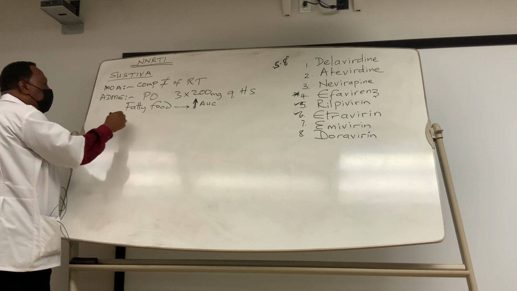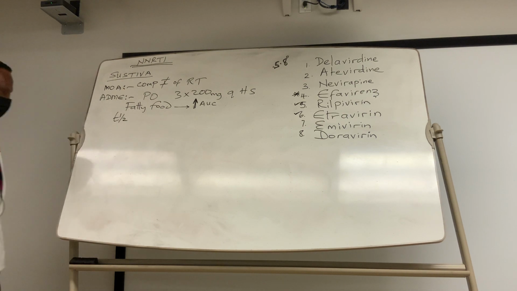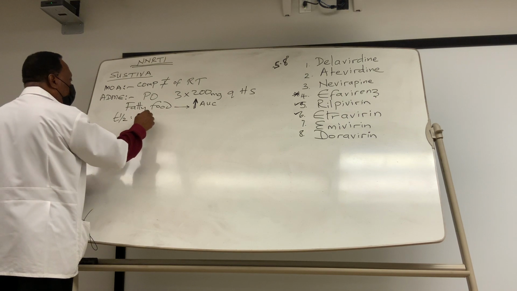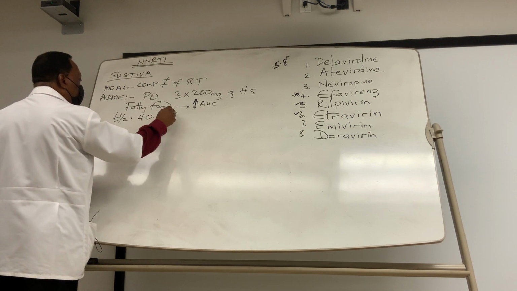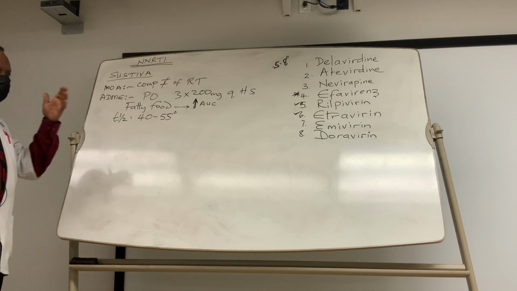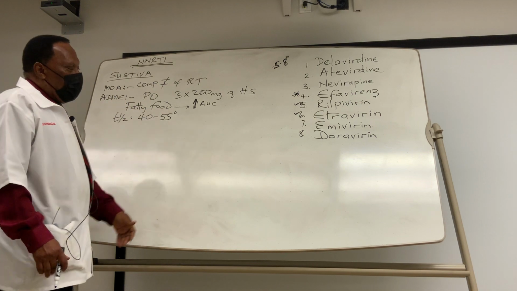And if we look at its half-life, the half-life is like 40 to 55 hours. And so that stays in common with what we said, that they all have very long half-lives.